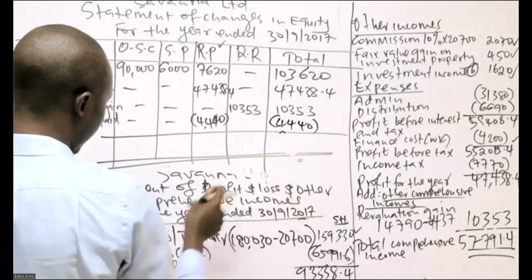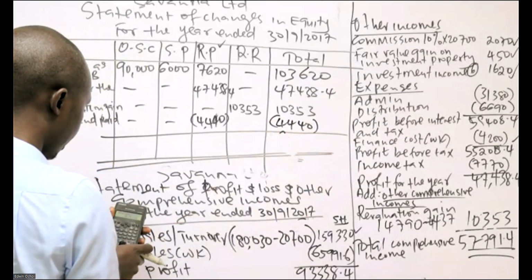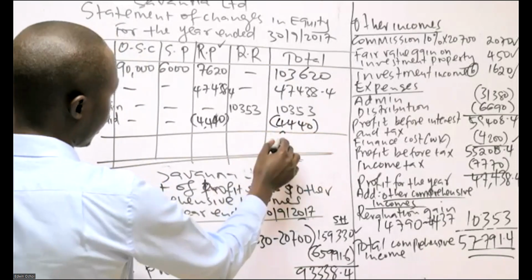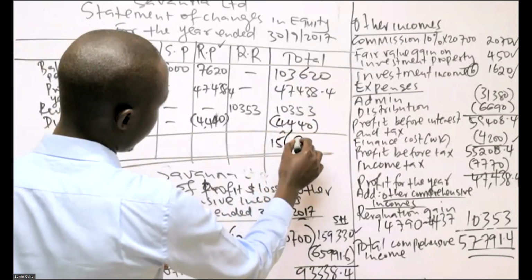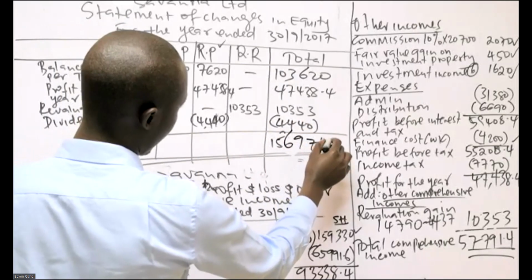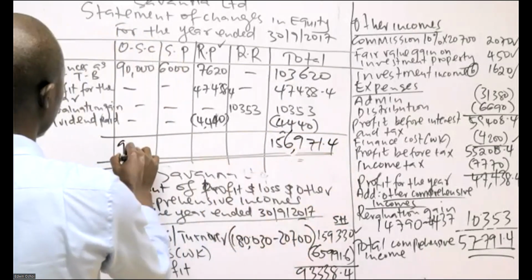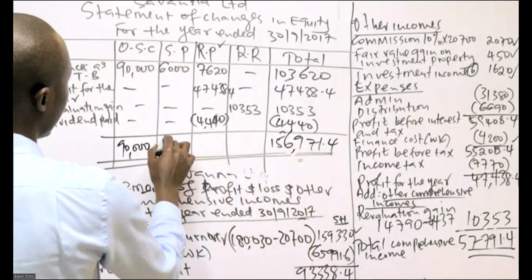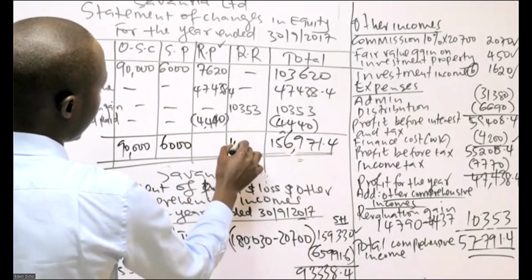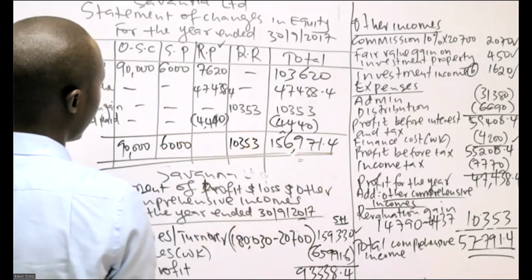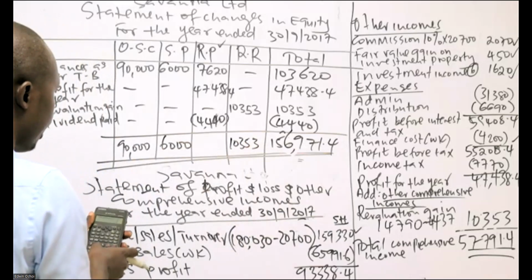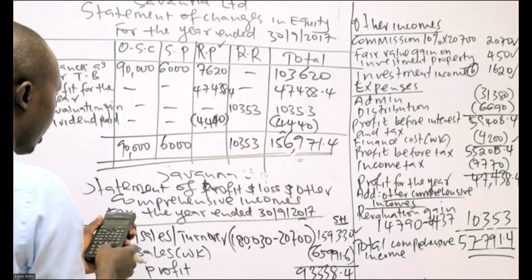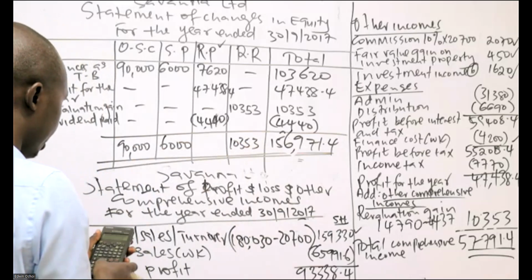Meaning that if I minus 44.40, this is 156,971.4. This is 90,6,000, 10,353. Retained profit 7620 plus 47,438.4 minus 44.40.